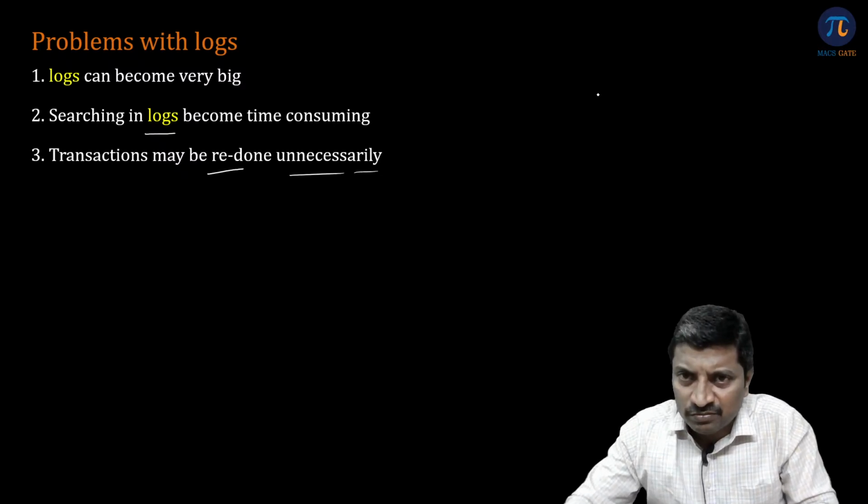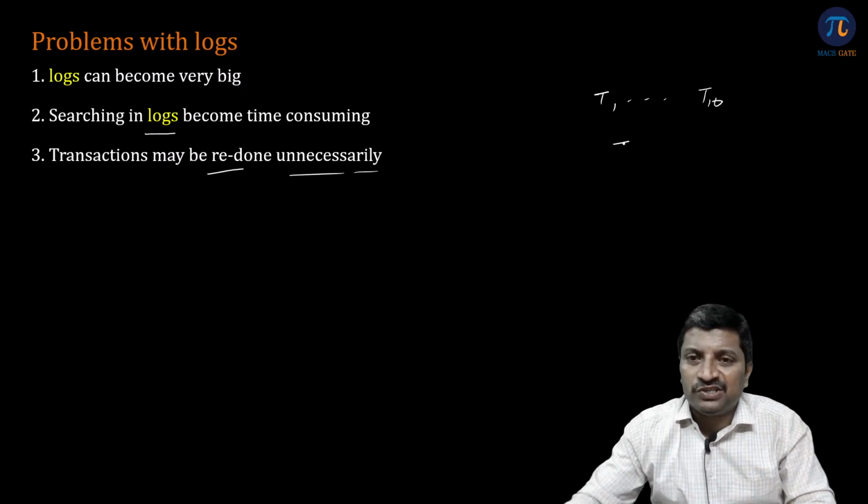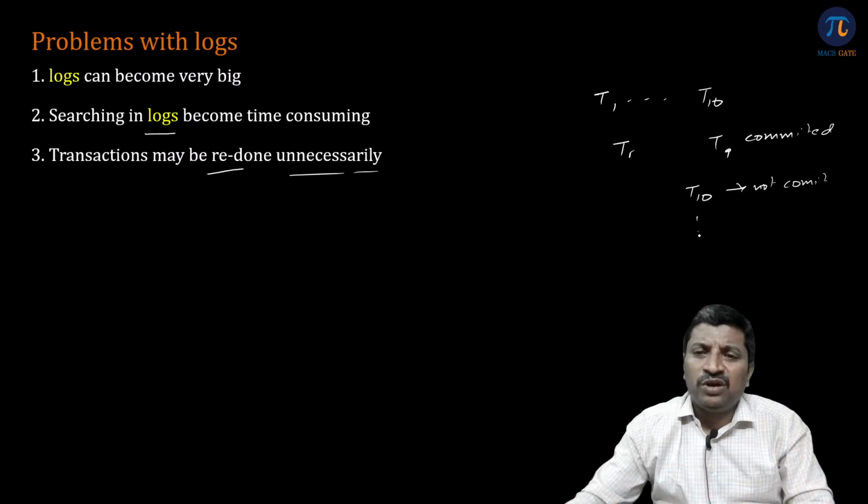Sir, suppose I have 10 transactions. Among all these, T1 to T9 are committed and I already completed them. T10 was not completed, sir. Not committed. It is very lengthy, and a crash occurs.